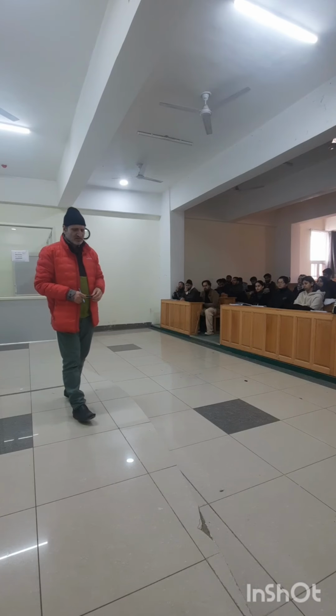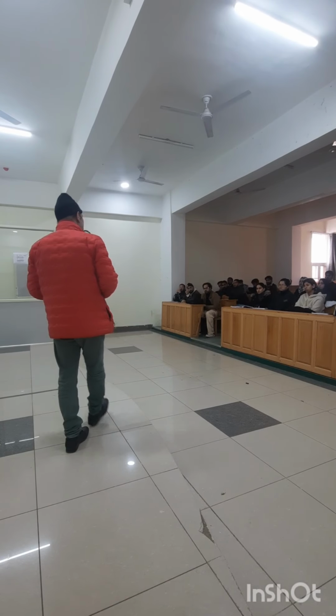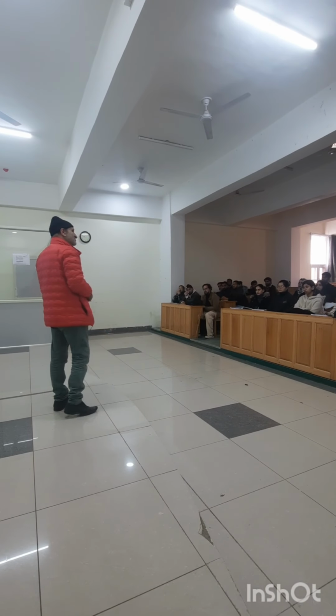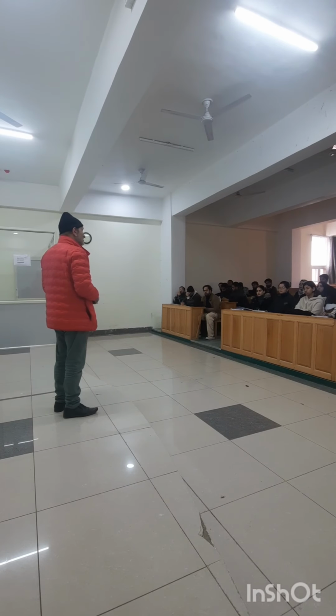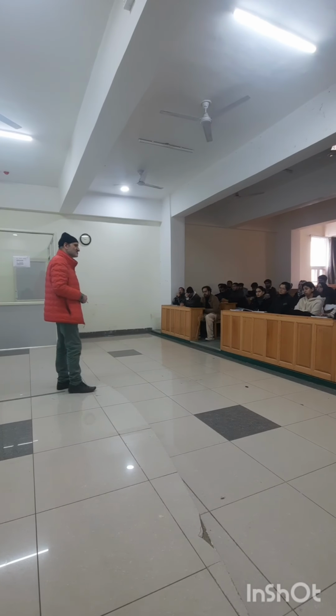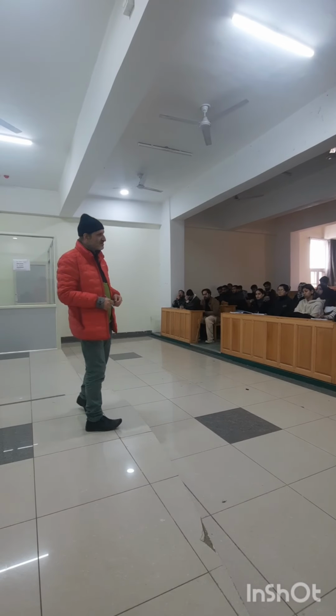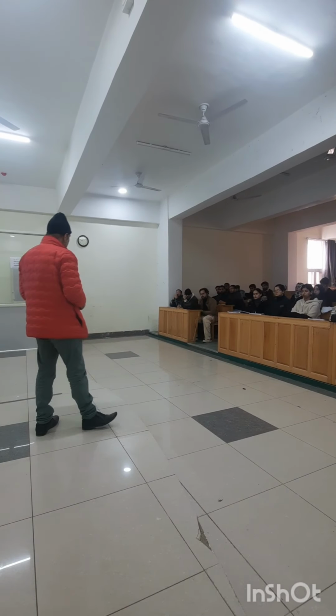Other causes, have you heard of retinopathy of prematurity? ROP is a disease in which the child is born prematurely and the birth weight is very low, less than 1500 grams or 1.5 kg.